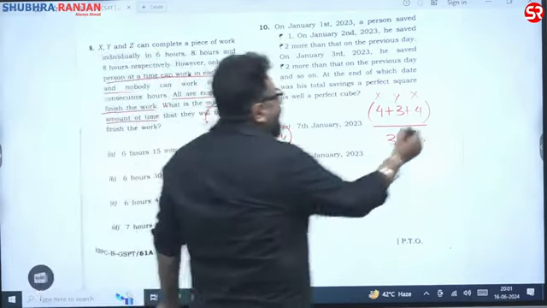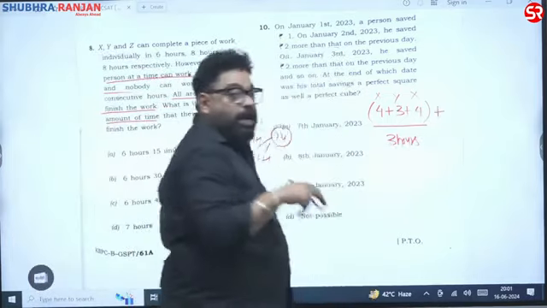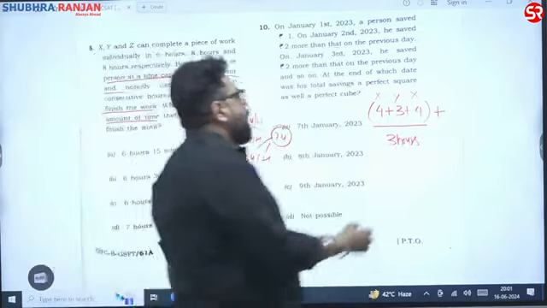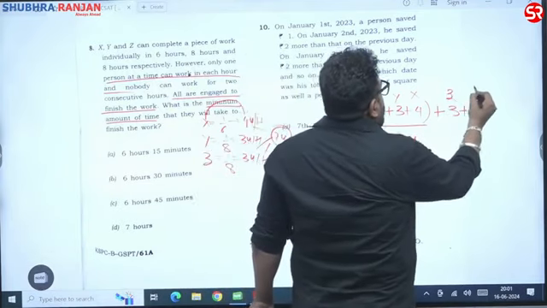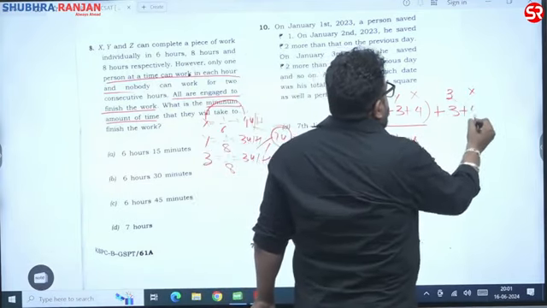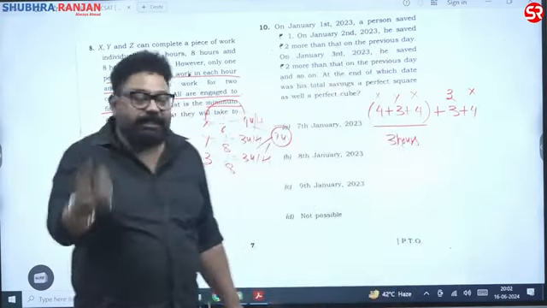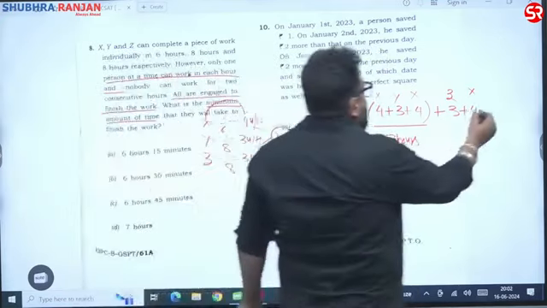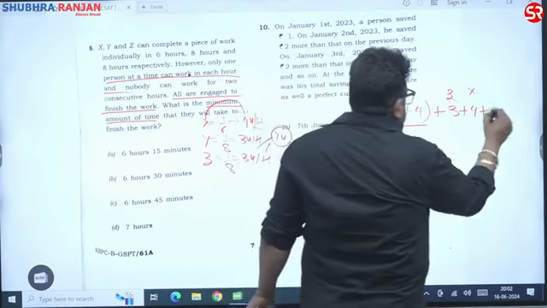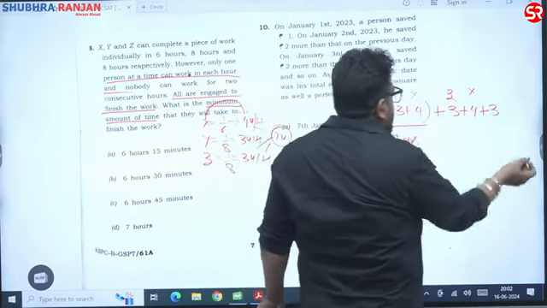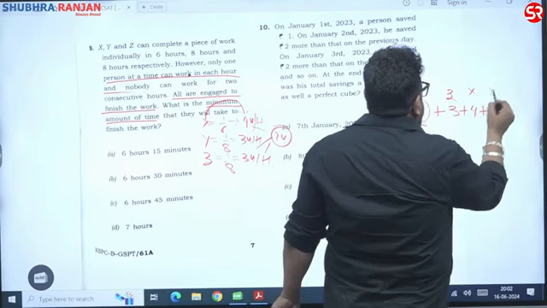Now, in the 4th hour, you cannot make X work and you have to make Z work. So I put in Z. Now, Z works for 3 units, and then again, X comes back and makes 4 units. Why? Because we have to minimize the time. And then again, you can use either Y or Z, it is your own choice, 3 units, because you cannot make 4 again. So you can say Y.